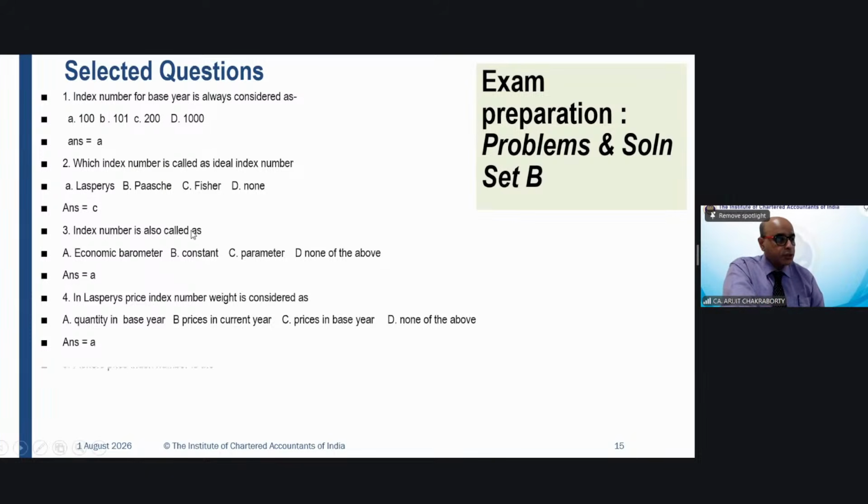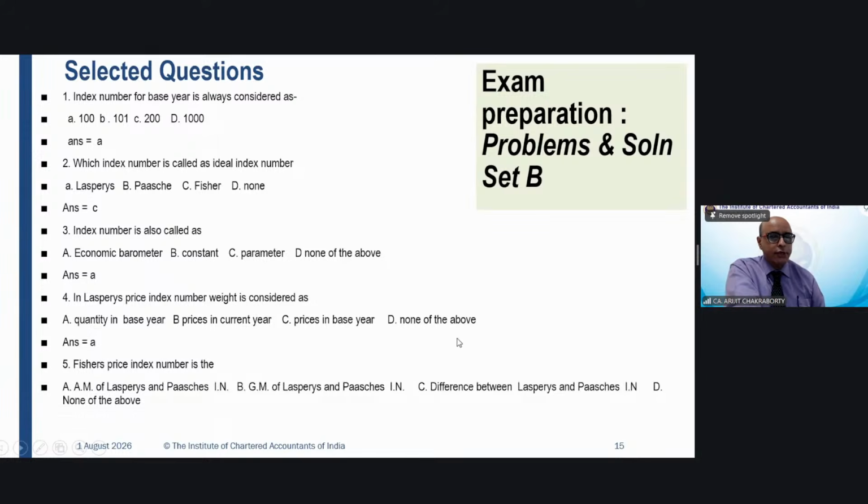Next question is number 5. Fisher's price index number is what? Let us quickly review the options. Option B, our dear students have already started answering. Thanks to each one of them. Fifth question, which option? It is option B, because geometric mean.